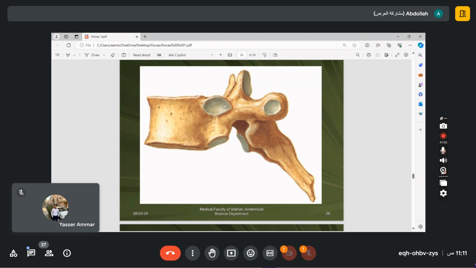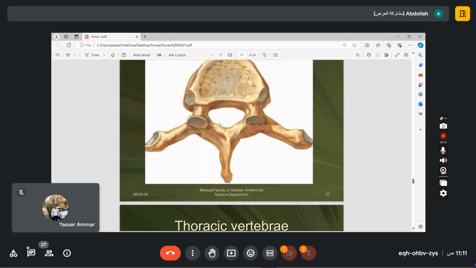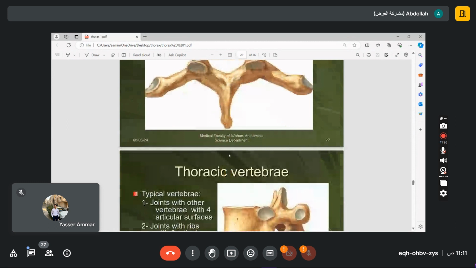So we have 6 faces for the ribs and 4 faces for the vertebral joint. This is from above. This is a rib located like this, joint like this. Lamina, arc, pedicle, body, transverse, and spinal process.